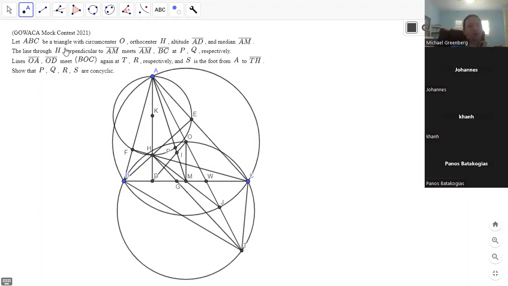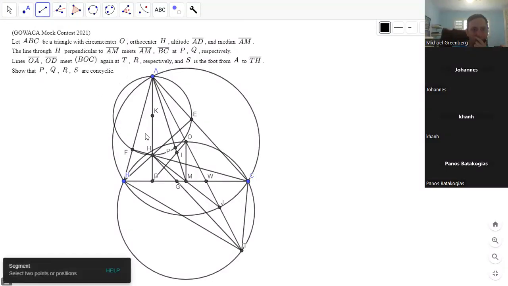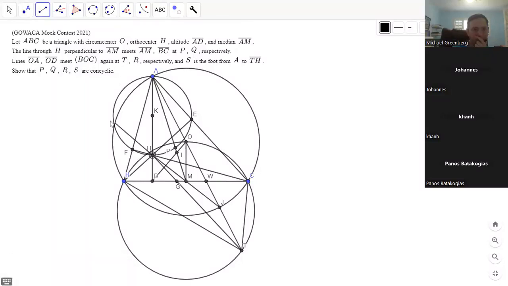And maybe we could use projective geometry somehow. So if we project MGD in some other point, and yeah, these I think are collinear with that, right?